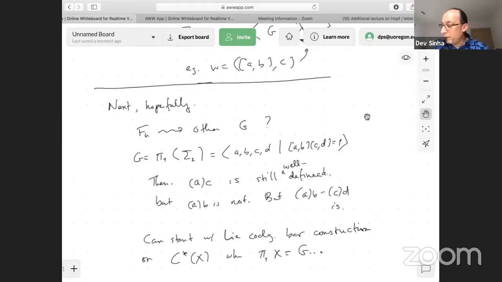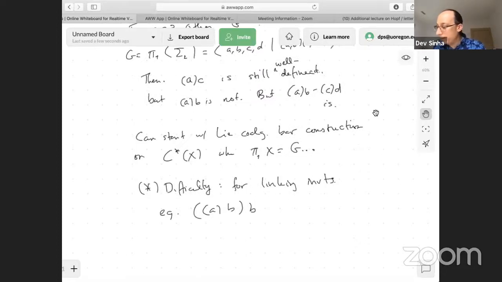But the one difficulty that I see so far is that for these linking invariants, we have things like the linking of A and B, and then with B again was not allowed. And so translating that condition to the Lie coalgebraic bar construction is something I don't see how to do.